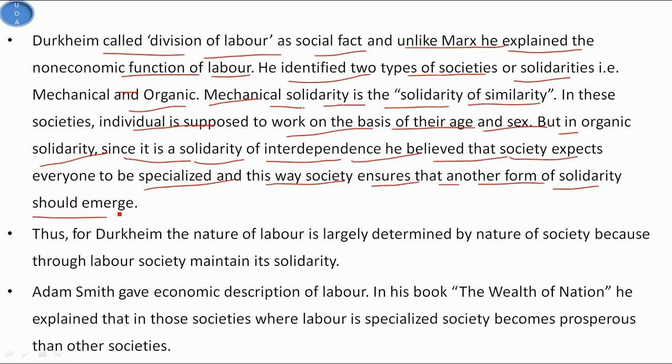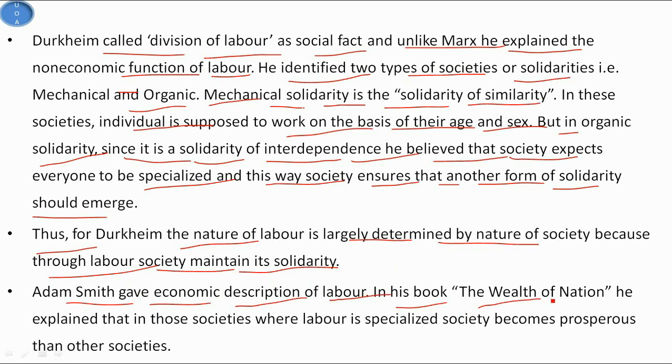So for Durkheim, the nature of labor is largely determined by the nature of society, because through labor society maintains solidarity.